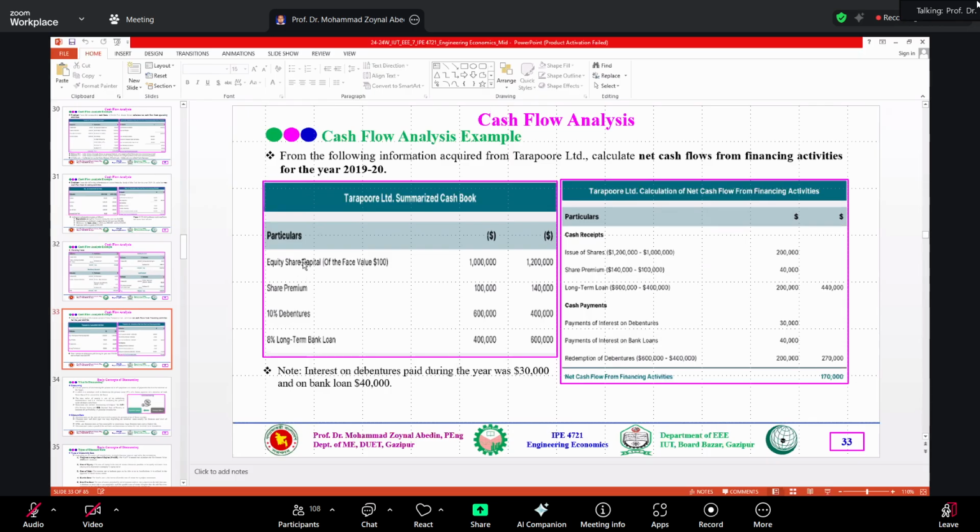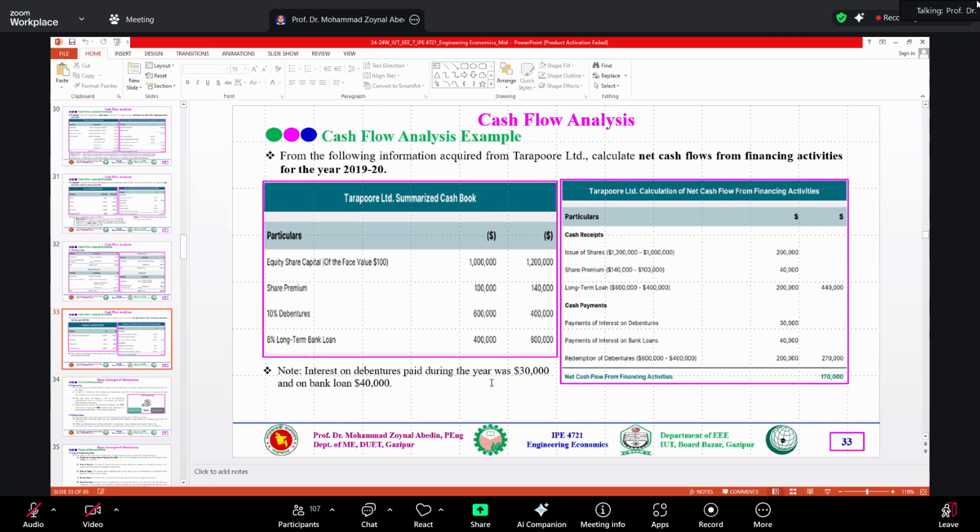And capital value is this one, 1,000 and 1,000, and 1,200. Share premium is this one, 100 to 140. Okay. 10% debentures, 600K to 400K. 8% long-term bank loan. This is also among our financial activities. 400K to 600K.